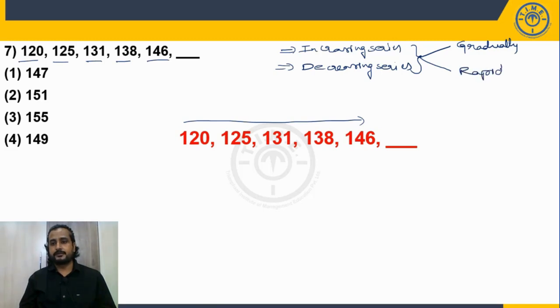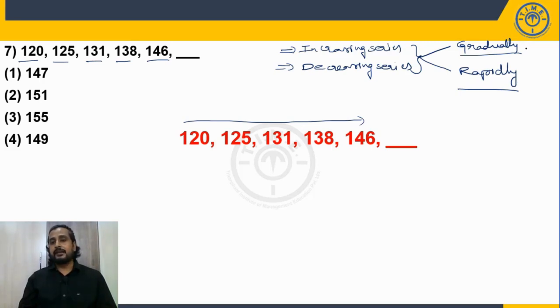Gradually means there will be a small jump from one number to another. Rapidly means there will be a big jump from one number to another, like 2 times, 3 times, 4 times multiplication. So we can say it is increasing rapidly.